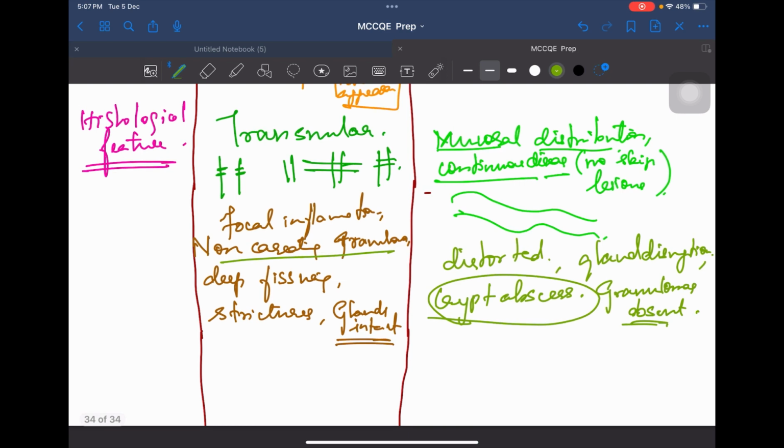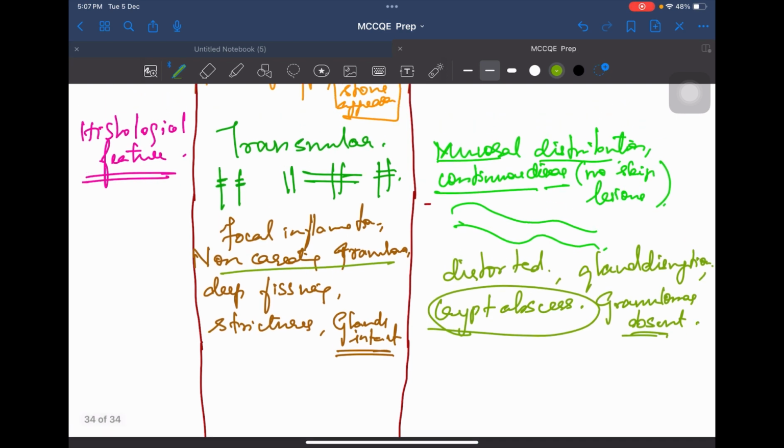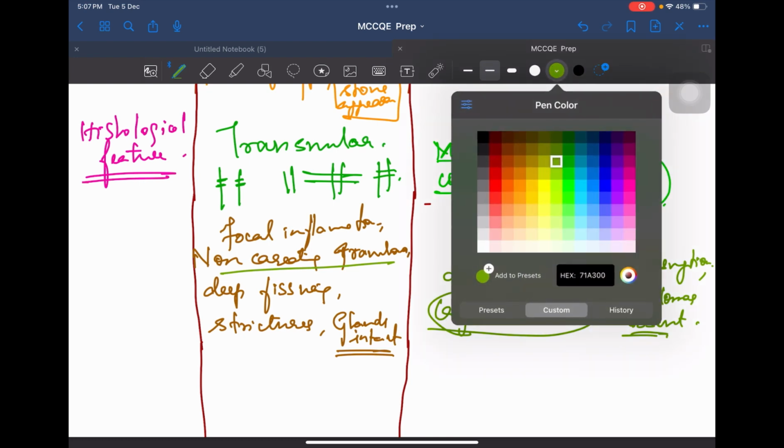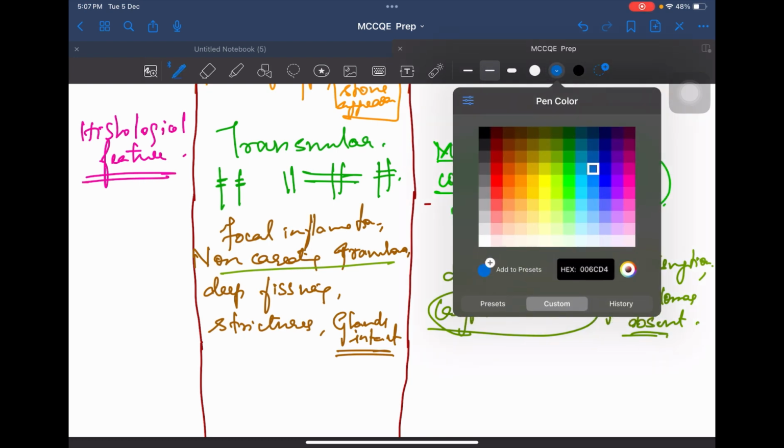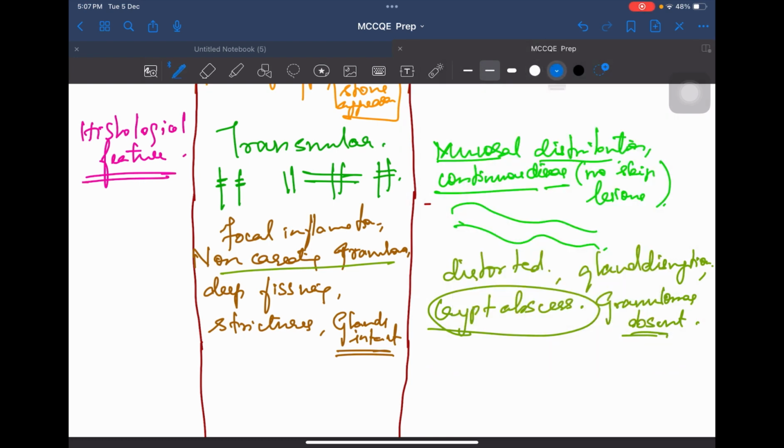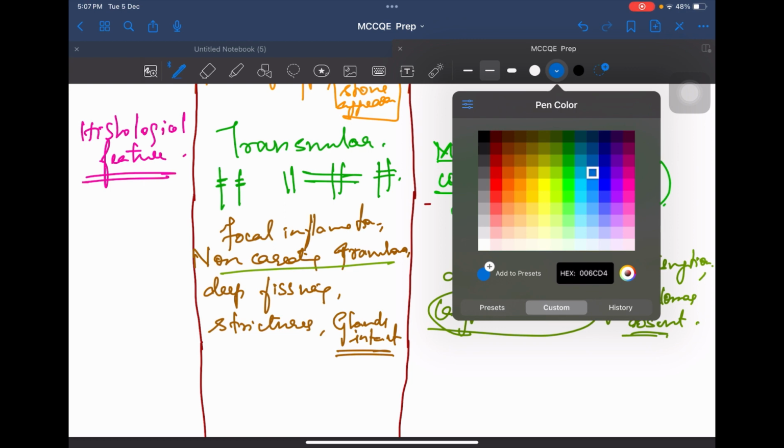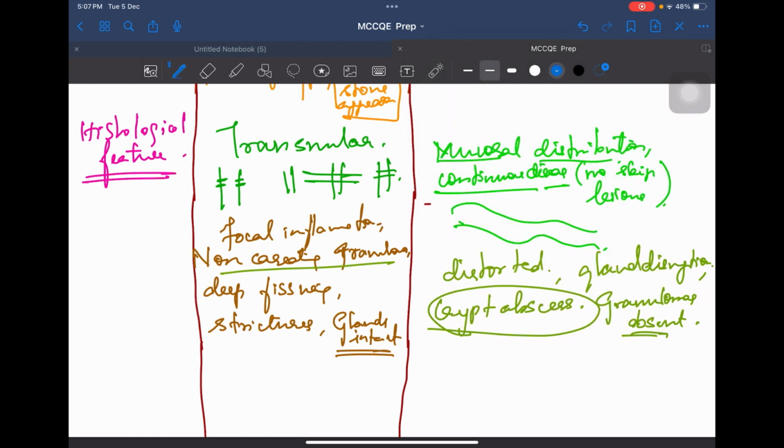Okay, so this is about histological features. Now coming to the radiological features. In the radiological features, Crohn's disease presents with cobblestone mucosa.